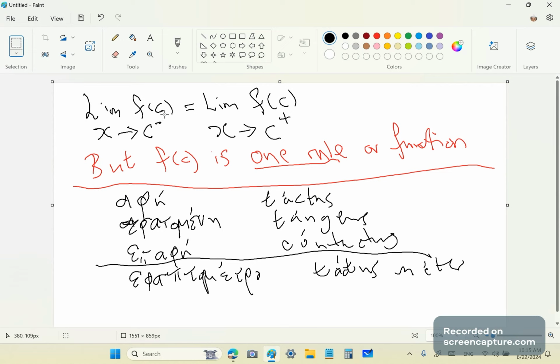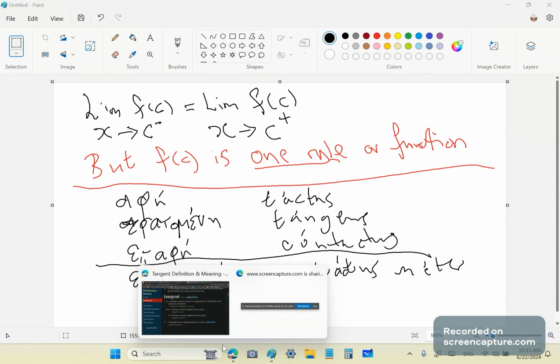And that's kind of paradoxical, isn't it? Because a chief characteristic of a tangent line is to touch. But now, with this definition here, they no longer even touch at the point of tangency.